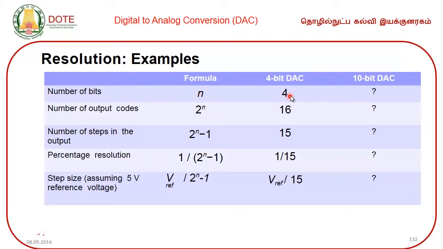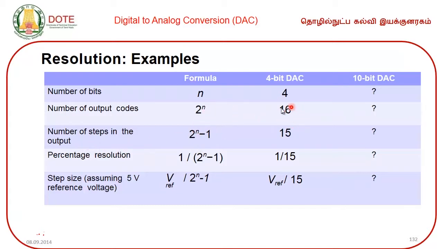So, with 4 bits of data, how many different possible combinations of bits can we generate? 2 to the power 4. Why 2 to the power 4? Because the base value of the binary number system is 2, right. So, 2 to the power 4 is 16 different possible combinations we can generate with 4 bits of data. So, what is the number of steps in the output?